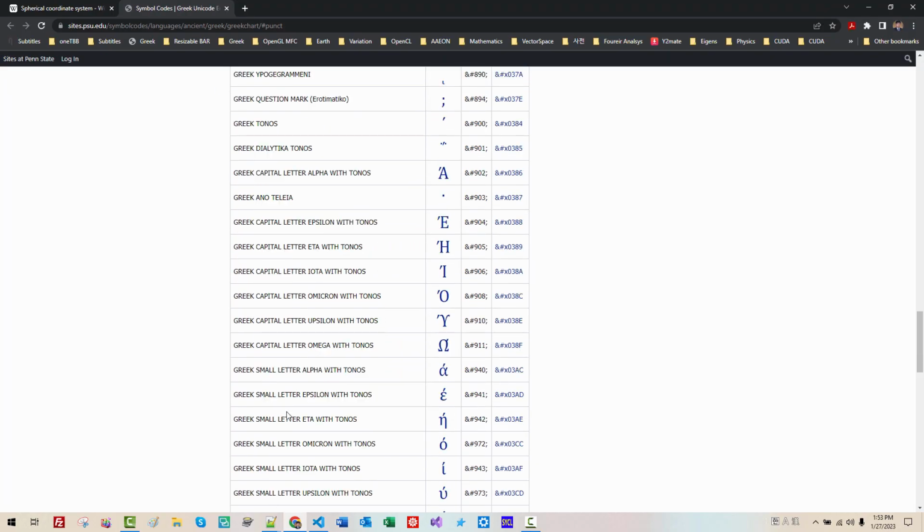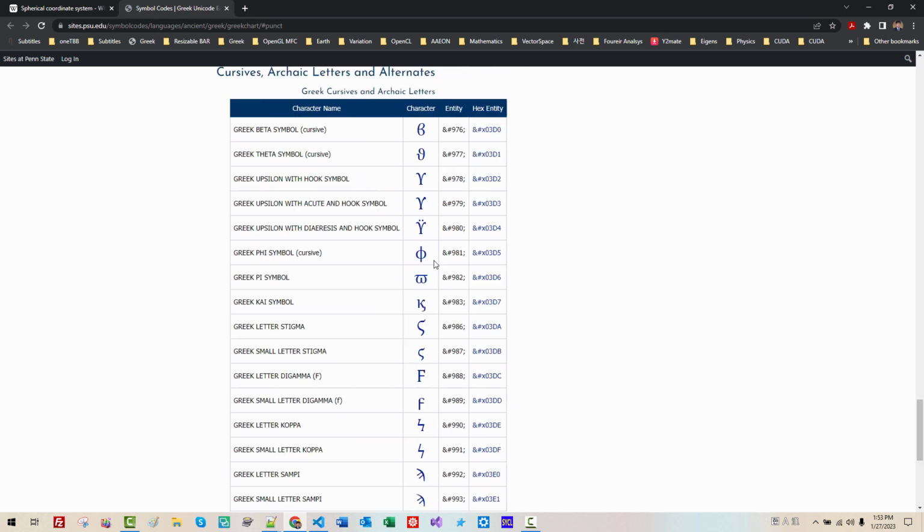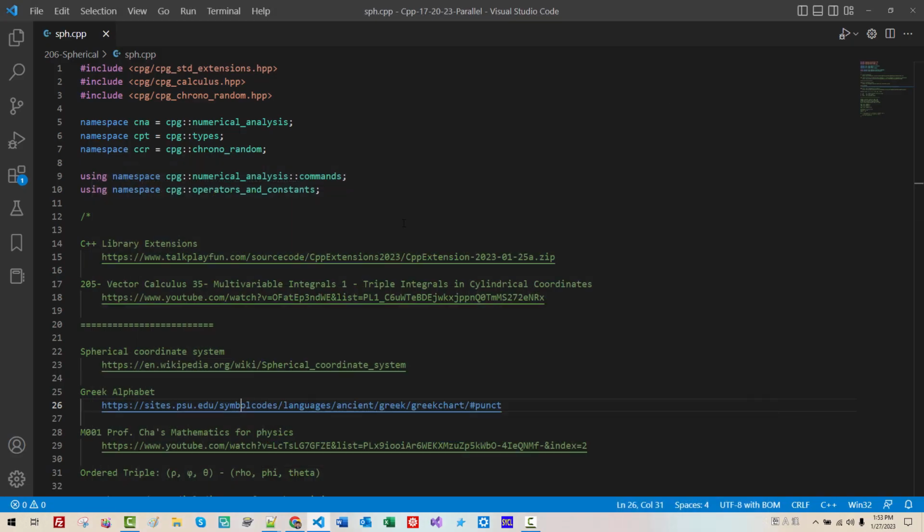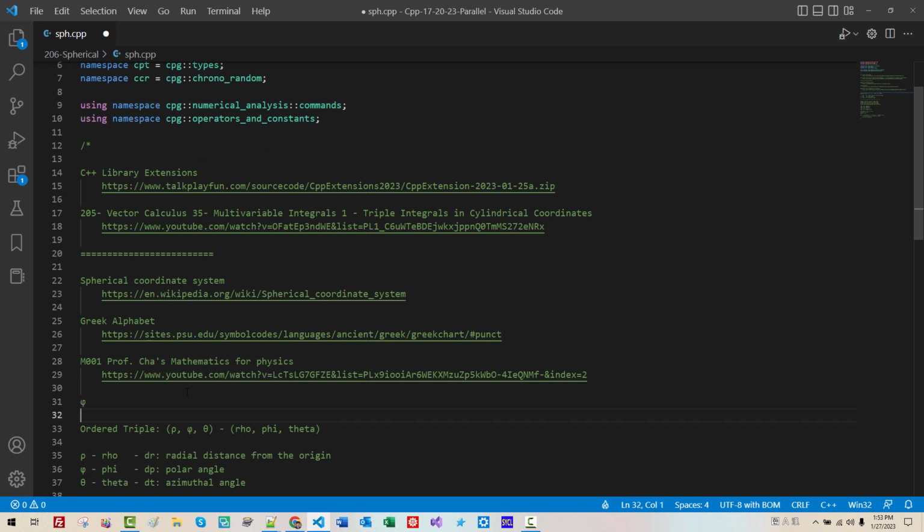Control-click this link. In this table, if you scroll down, you can find this symbol. Copy, paste it here. Anyway, this symbol is pronounced phi. The Greeks pronounce this symbol phi.